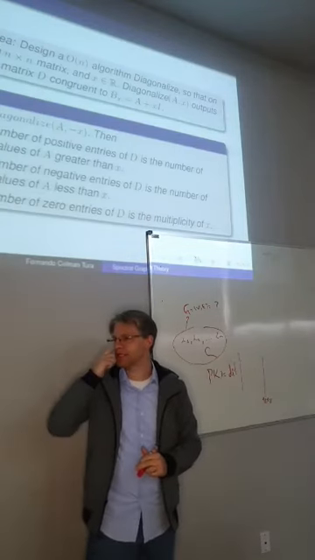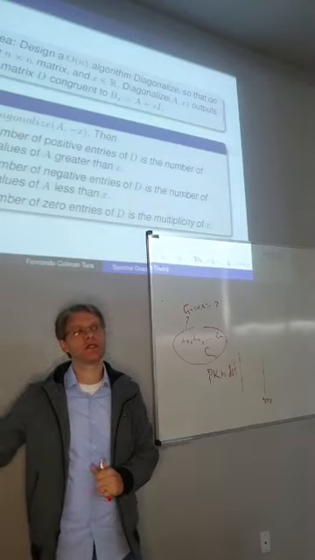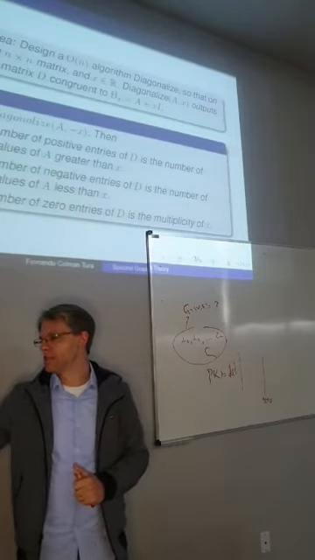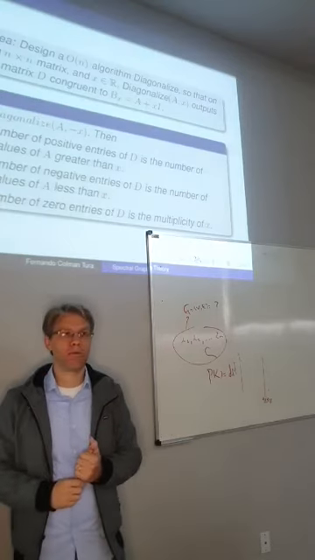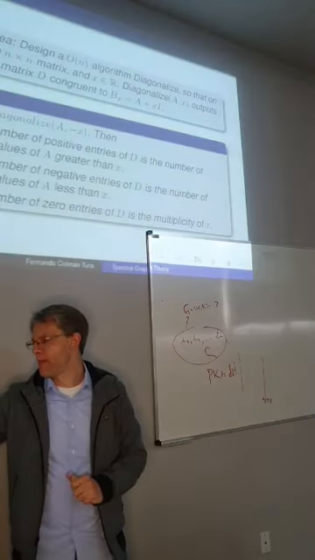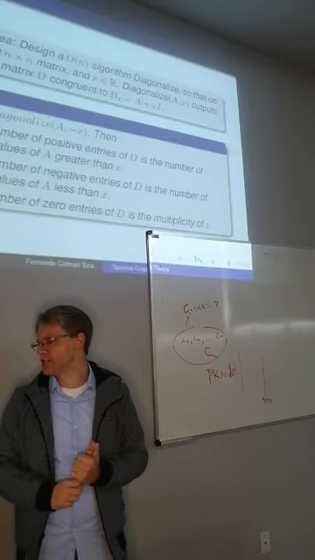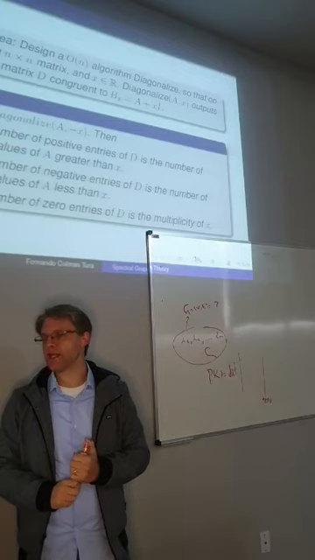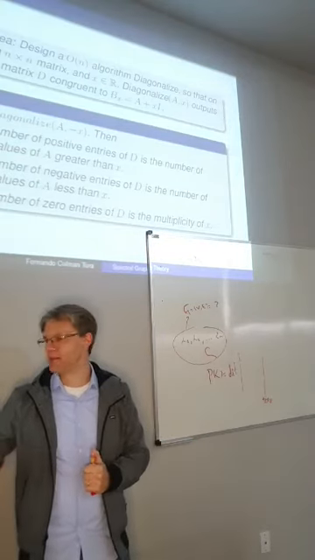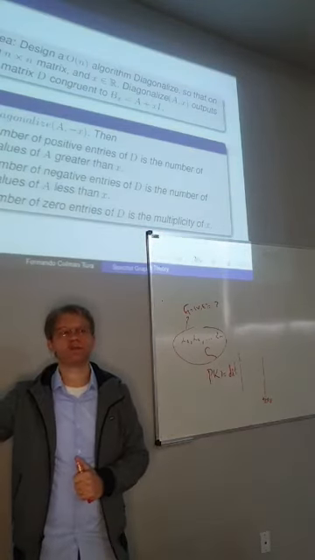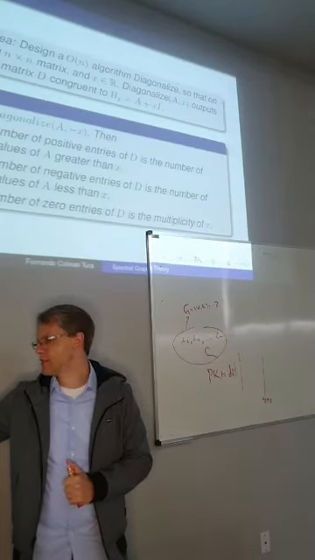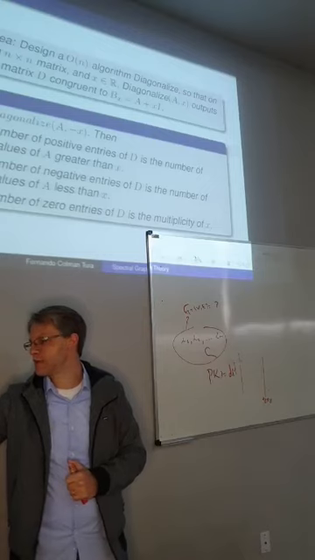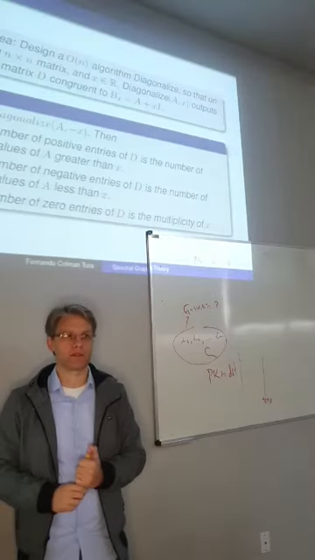So if you get this, and using Sylvester's law, we can obtain the following result. This diagonal matrix has a number of positive entries equal to the number of eigenvalues greater than x, and the number of negative entries of this diagonal matrix is the same as the number of eigenvalues less than x.